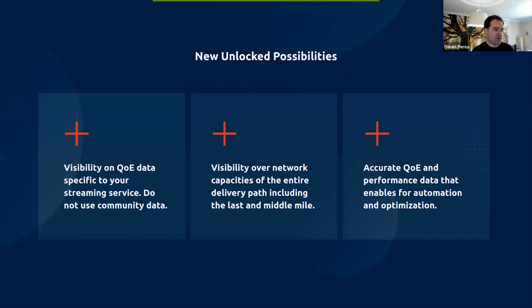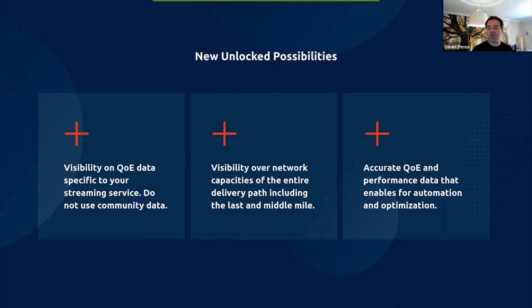So just to recap, these are important things that are relevant in order to unlock the possibilities that this opens. First of all, have visibility of the quality of experience data that is specific for your streaming event and not using community data. Then visibility over the network that allows you to identify where the capacity limits are. And it's not only on the last mile, you also need to have that visibility on the middle mile.